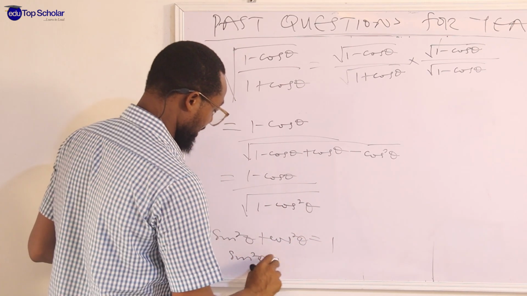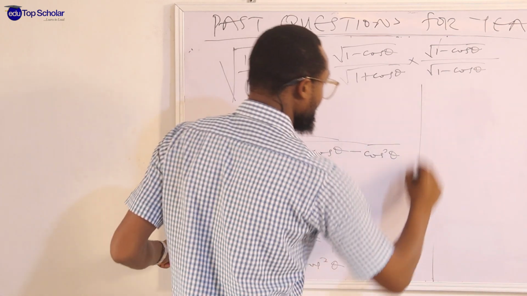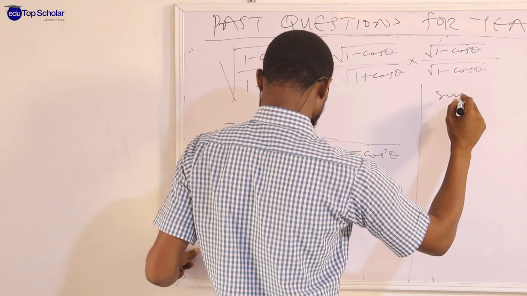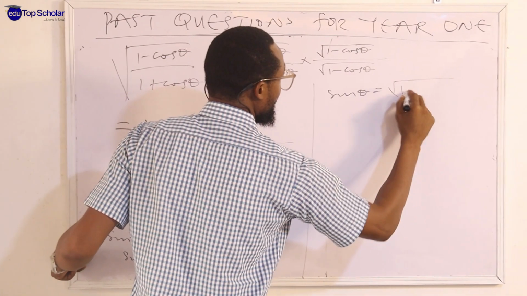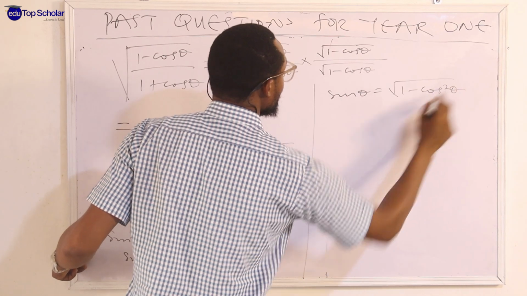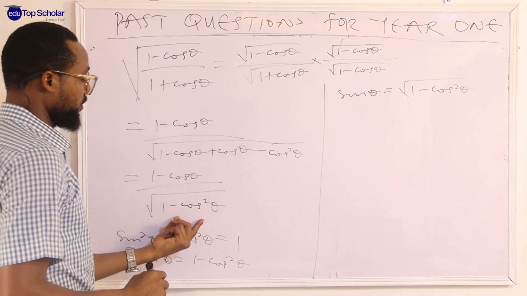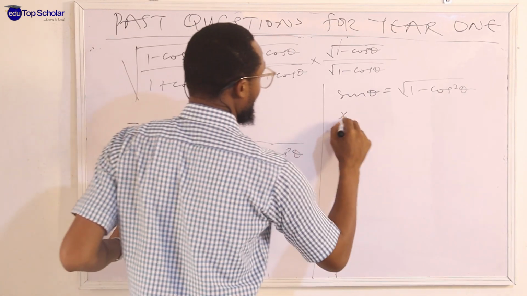Sine squared theta is 1 minus cos squared theta, and this implies that if we take the square root of both sides, sine theta will give us root 1 minus cos squared theta.